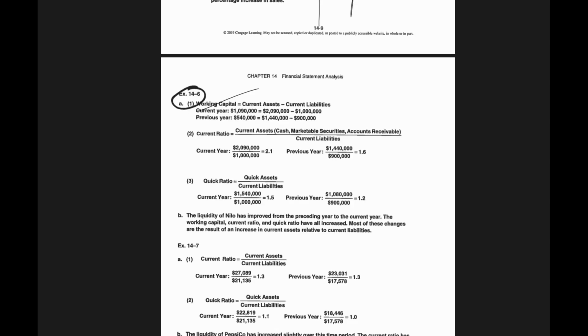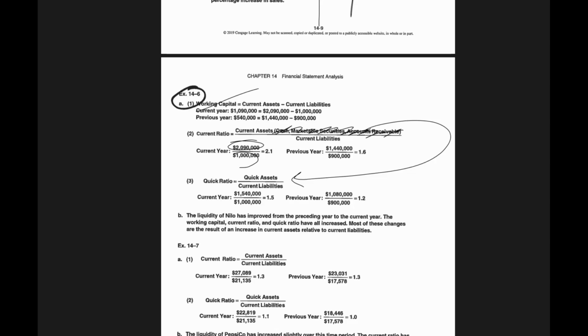Current ratio is current assets divided by current liabilities. And looking at this solution, you should cross this off, because that actually is the definition for quick assets. Current assets, as listed in your text, is all of those, cash, marketable securities, AR, plus inventory and prepaids. $2,090,000, so they have the number right. $2,090,000 divided by our current liabilities, $1 million.